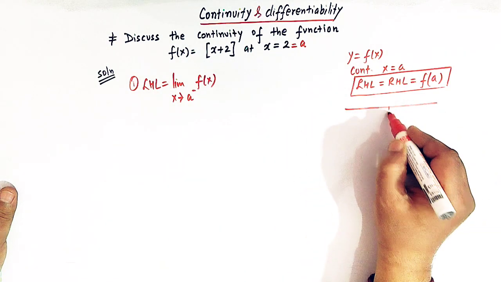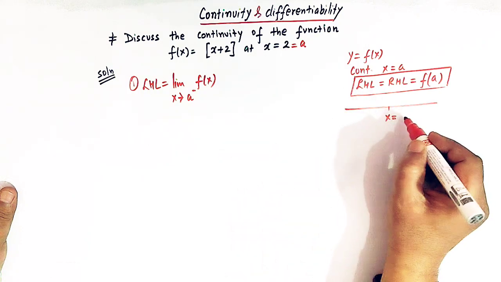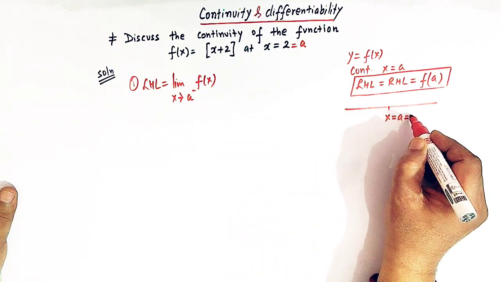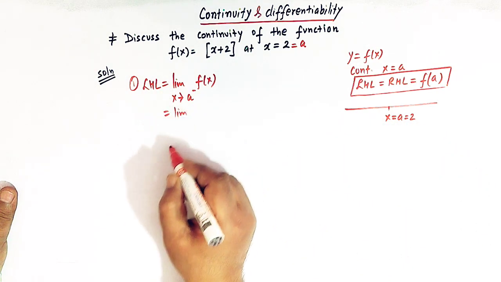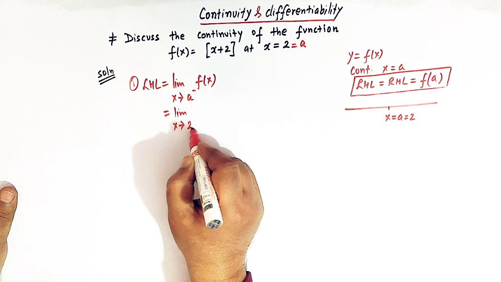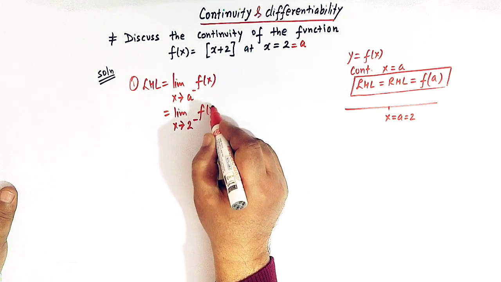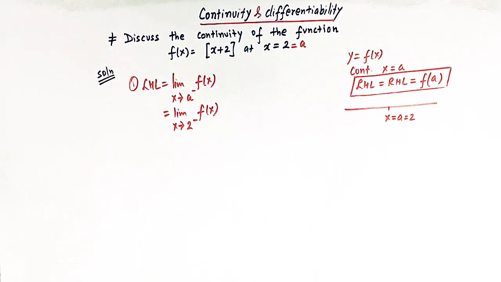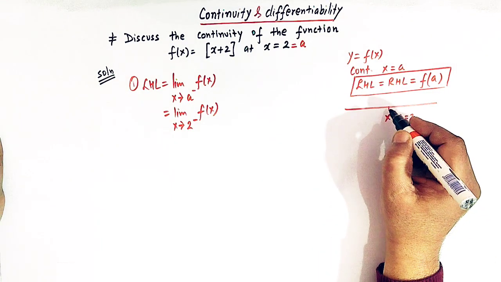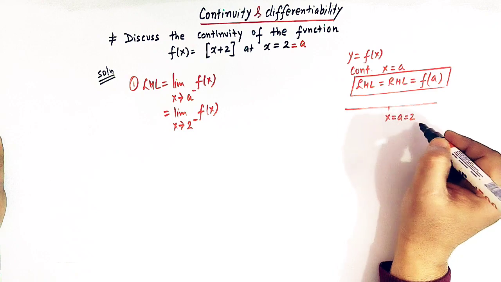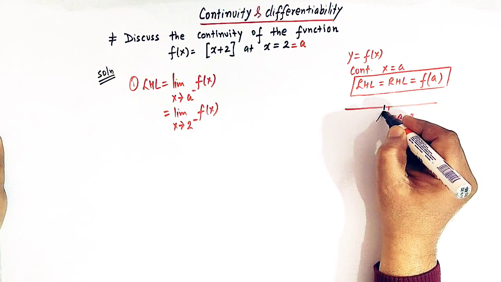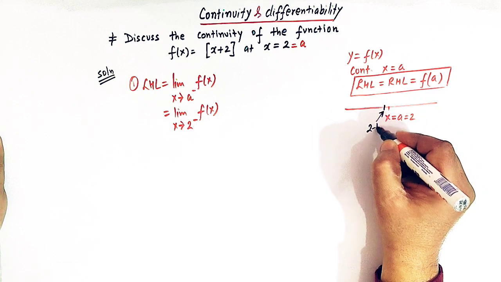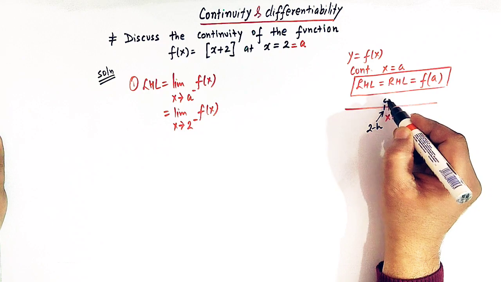Now here we have the point x is equal to a is equal to 2. So the left hand limit is limit x tends to 2 minus of f of x. To calculate the left hand limit, we'll take a point in the left neighborhood of x is equal to 2, and this point is 2 minus h, so that this distance is h.